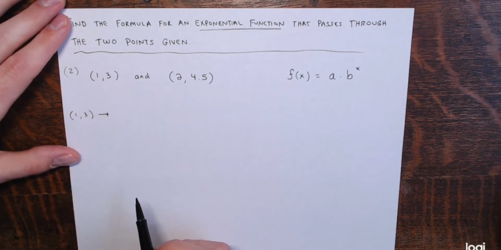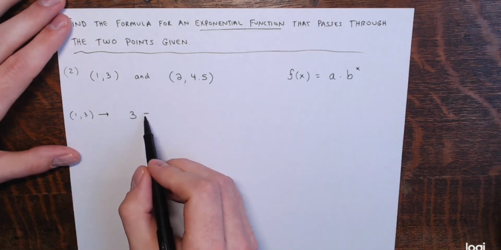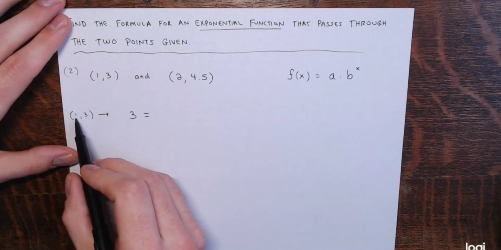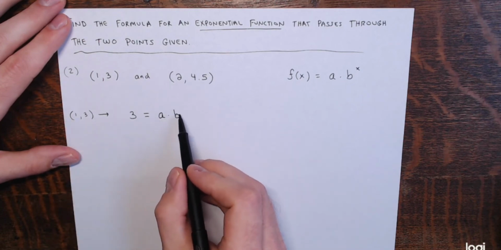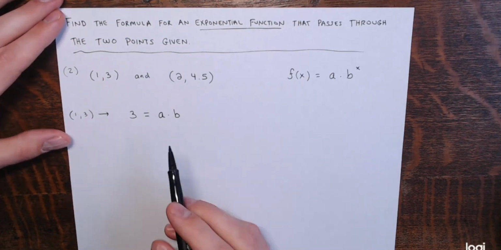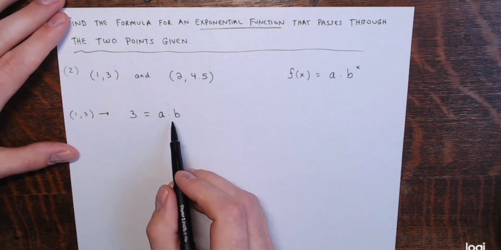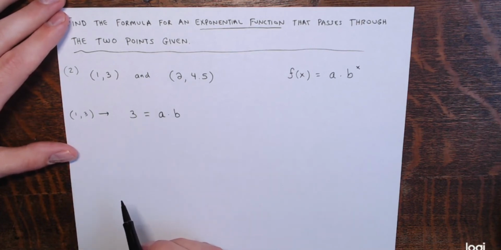leads me to the following equation. Right? 3 is the value of f, so I have 3 on the left side. And then, x has a value of 1. So a times b to the 1, or just a times b. So whatever a and b are, a times b has to be 3. All right.